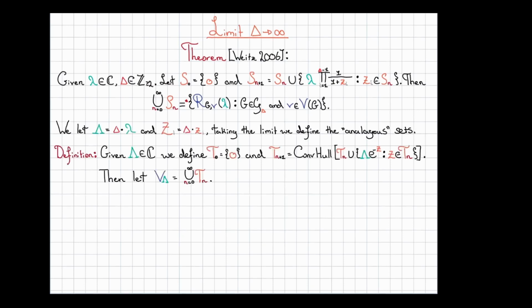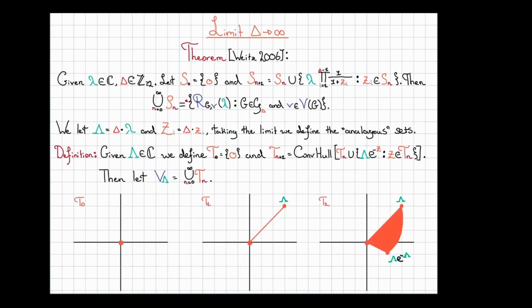What we show is that we rescale lambda by lambda times delta, and the z_i by delta times z_i. And the analogous set, the infinite degree ratios, turns out to be this system of sets. We start with 0, then we map with the map lambda e to the minus z.